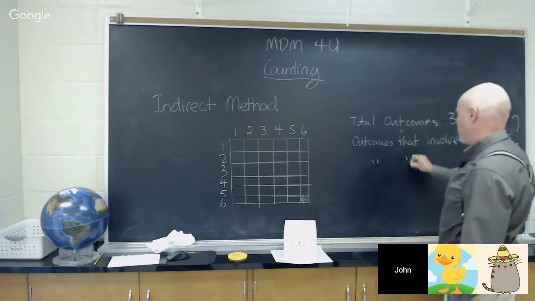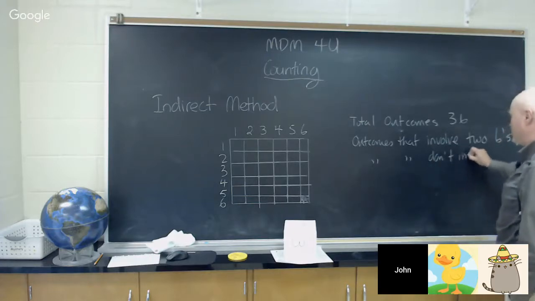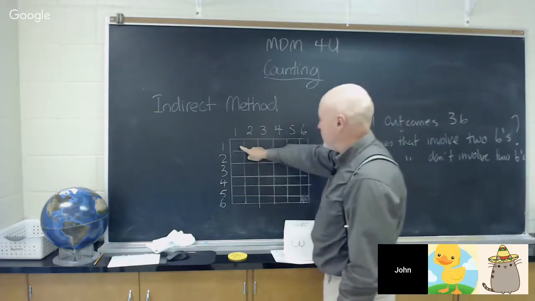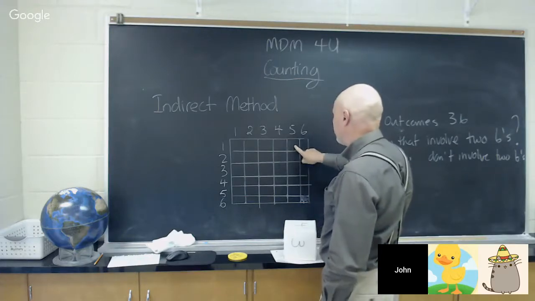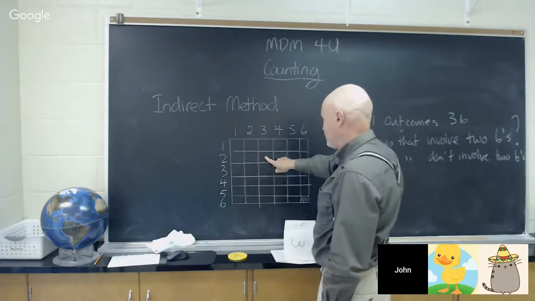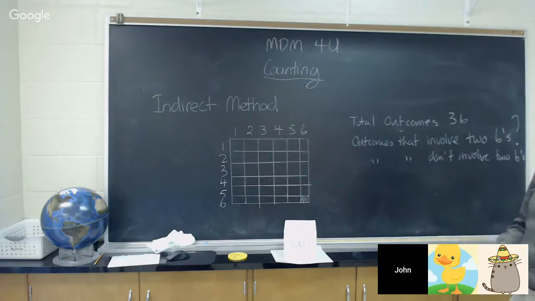We want to know the number of outcomes that don't involve 2 6s. Okay, so I could do this 1, 2, 3, 4, 5, 6, 7, 8, 9. Is there an easier way? How many outcomes don't involve 2 6s? 35. 35. Yes, that's right.